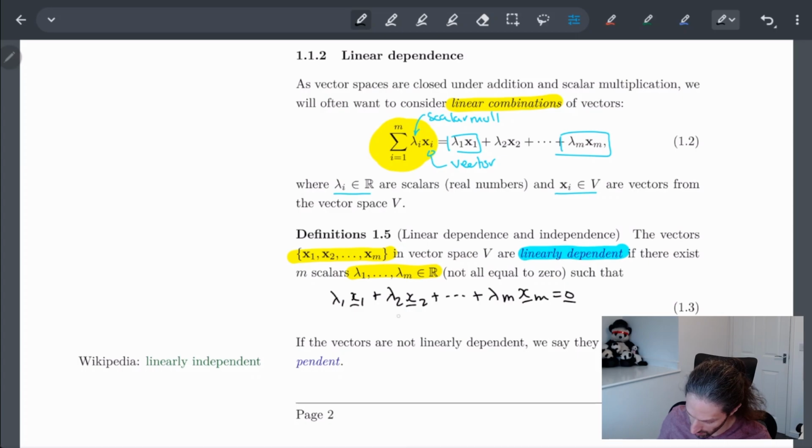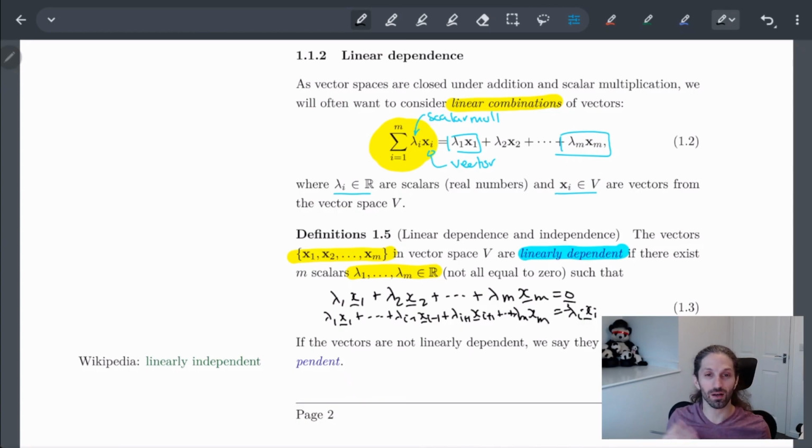So if I move xi to the other side, we have minus lambda i xi on one side, and on the other side lambda 1 x1 all the way up to lambda i minus 1 x i minus 1, plus lambda i plus 1 x i plus 1, all the way up to lambda m xm. In other words, xi is a combination of the other ones, so it's dependent on them.